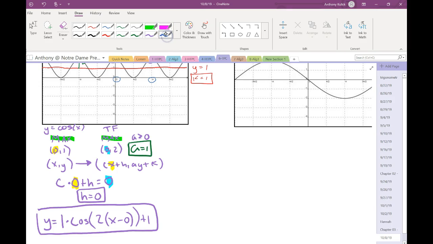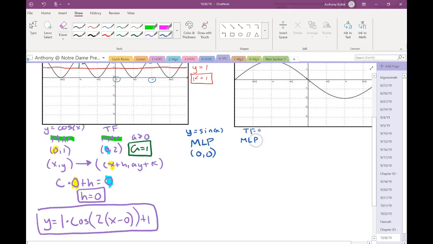How is that going to change if I had picked, say, a sine function? Well, on sine, I want to use a midline point. And the midline point that I'm going to use from sine is the point 0, 0. So in my transformed function, I want to choose another midline point.